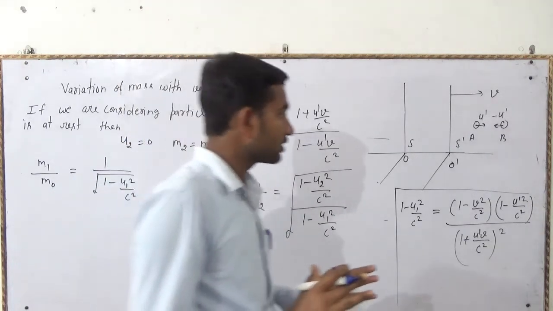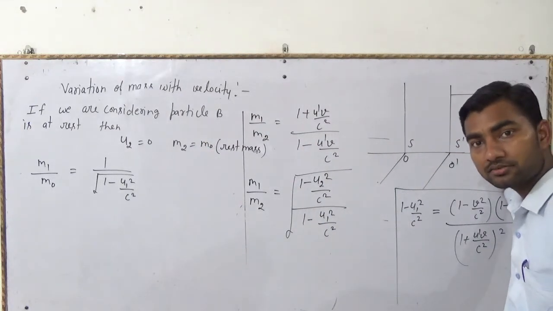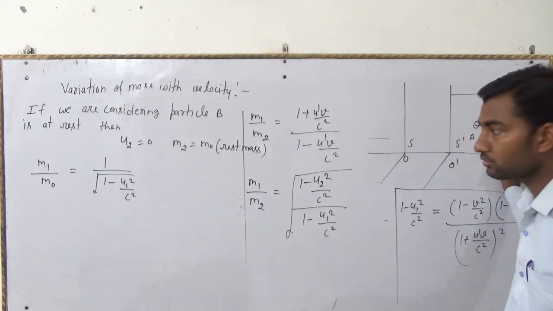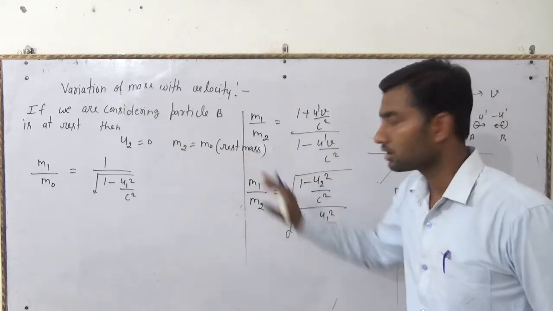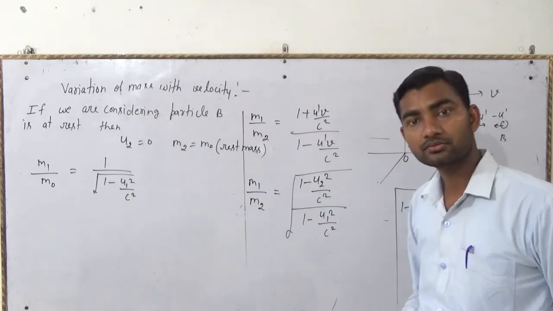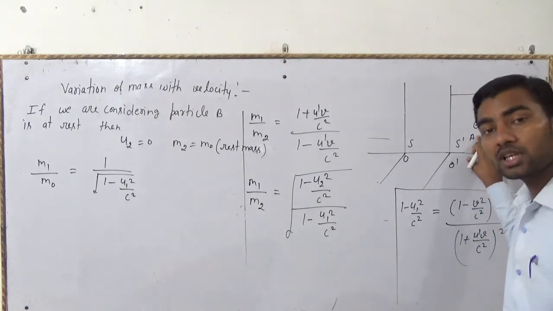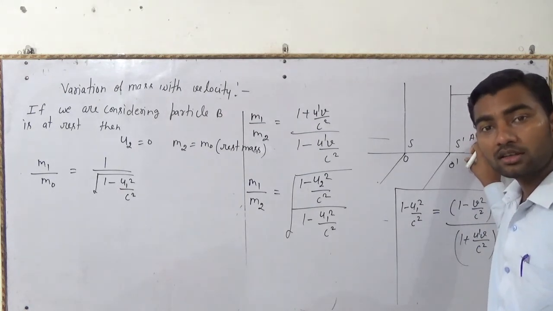Here we are saying that particle B is at rest, so its mass will be rest mass, and we have shown m2 is equal to m naught. If this is m naught, it also will be m naught. Why?